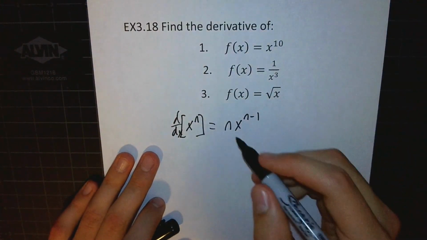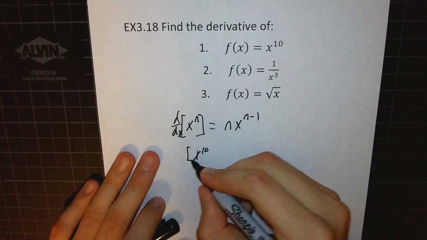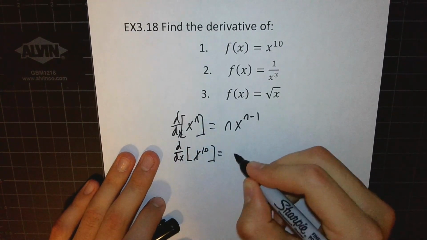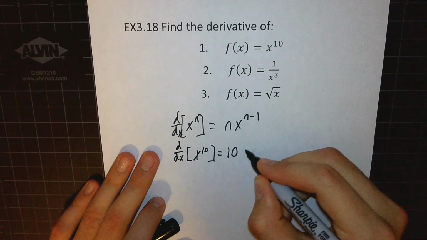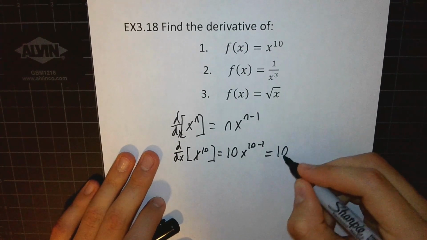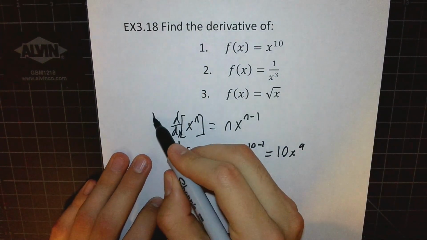So for our first one, x to the 10, right? We'll take the derivative of this, and this will be equal to 10x to the 10 minus 1. So this is 10x to the 9. So this is number 1.